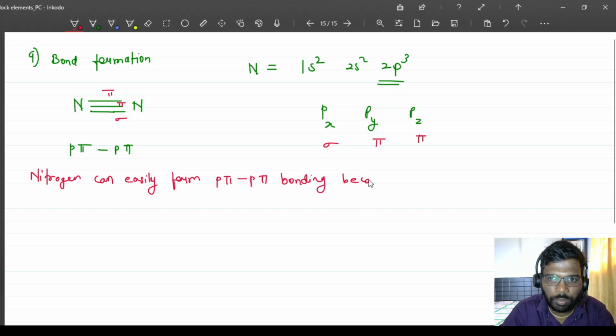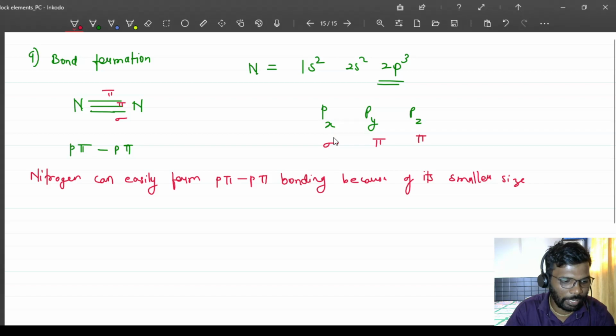Because of its smaller size. Since size is small, the p overlap becomes easy. Therefore, the formation of pi bond becomes easy.